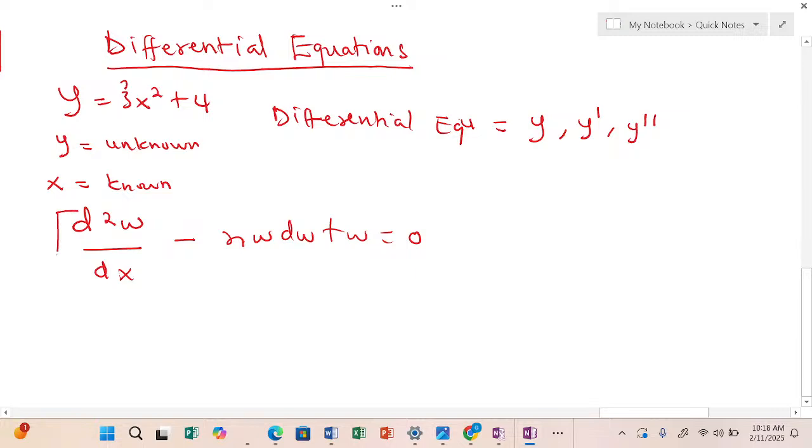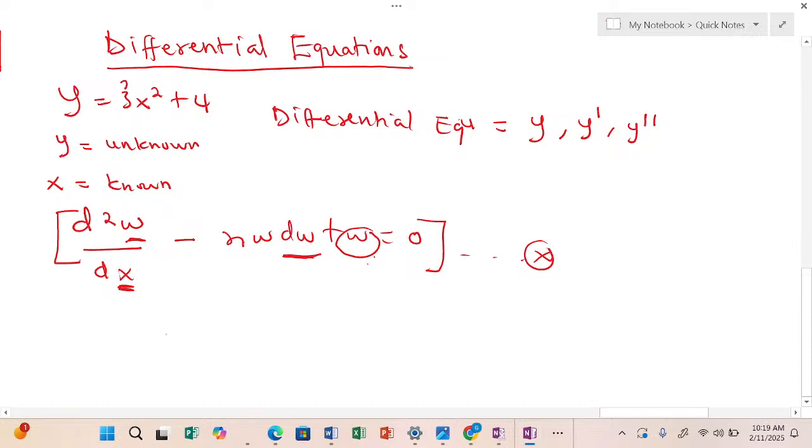This particular equation is a differential equation because we have the derivative of the unknown function, which is w, with respect to the known, which is x, w being the unknown function. So in this equation, we have the unknown function w, and then we have the derivative of the unknown function, that is d squared w with respect to the known. So this particular equation qualifies to become a differential equation.